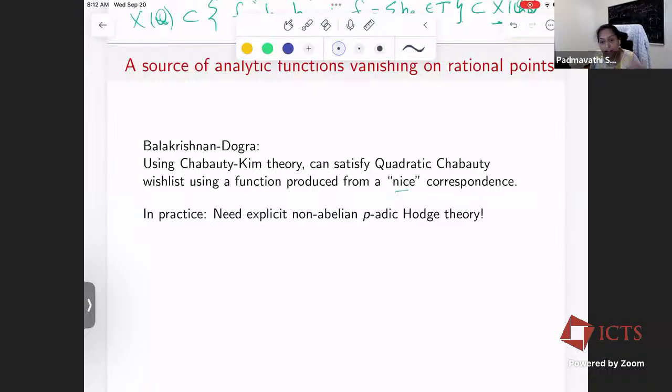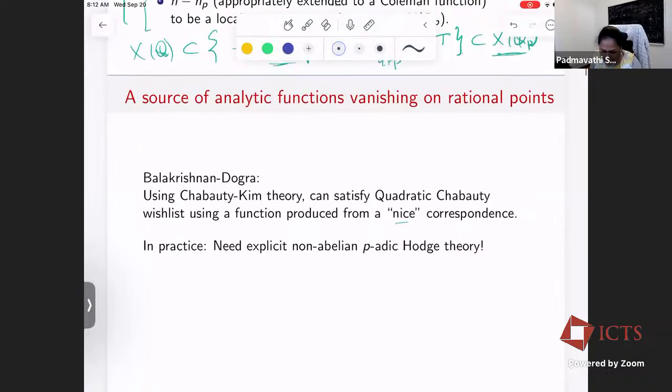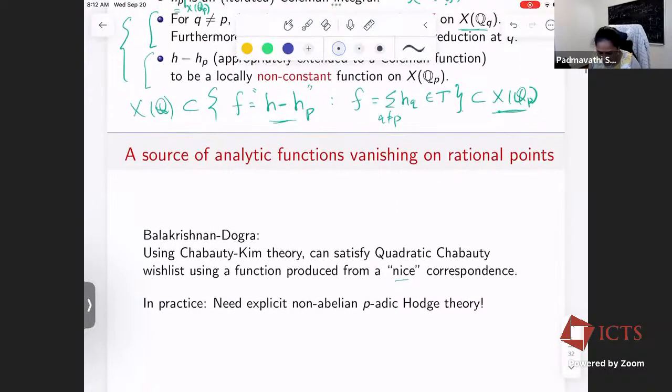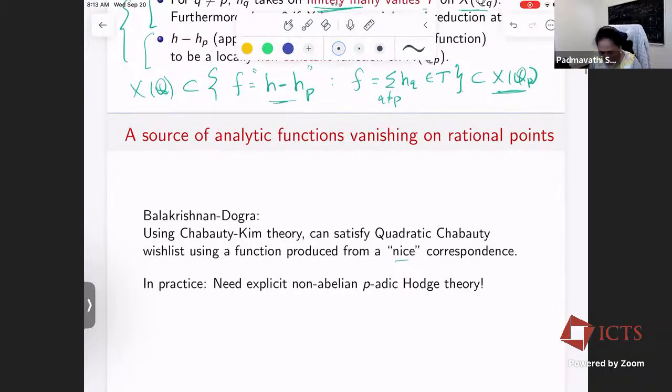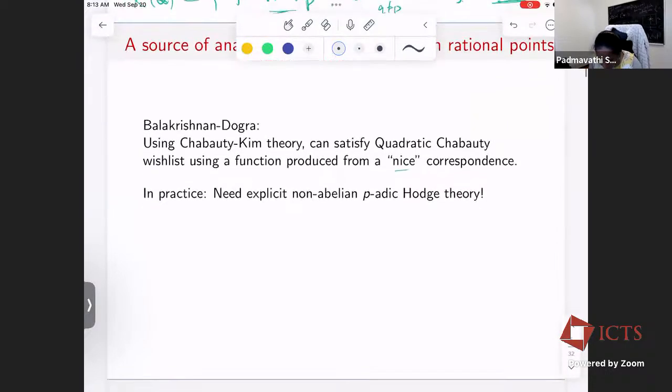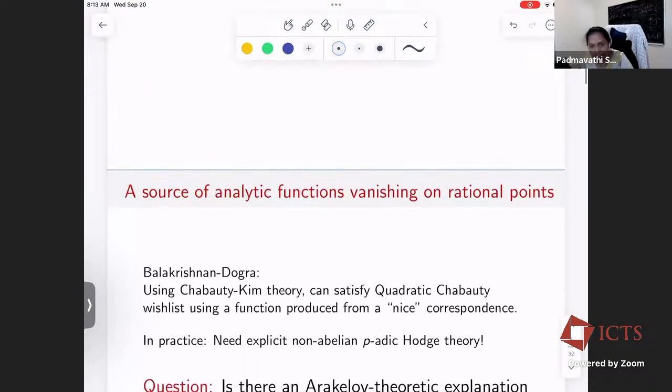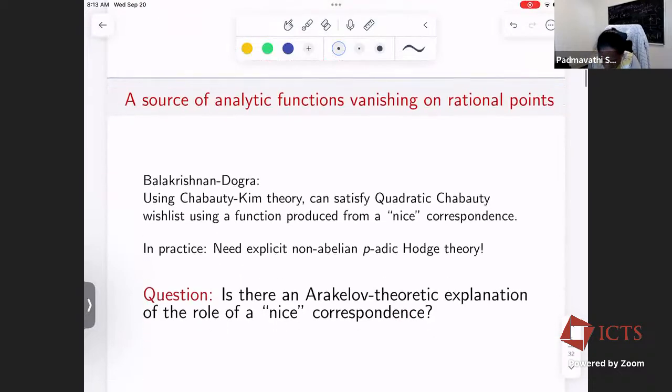So you need to describe certain phi-modules with Frobenius and filtration and so on. So this is quite a difficult task in practice if you're trying to implement quadratic Chabauty. That's why every time you have a specific modular curve, it takes quite a bit of work to describe all these functions quite explicitly, in a way that you can plug into a computer.